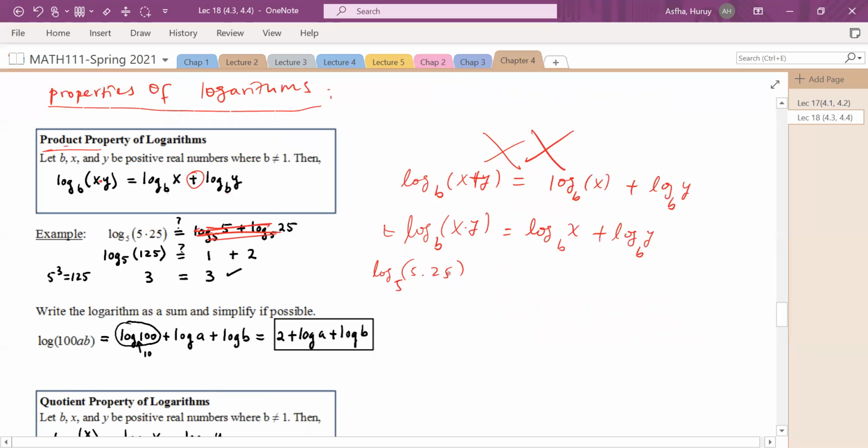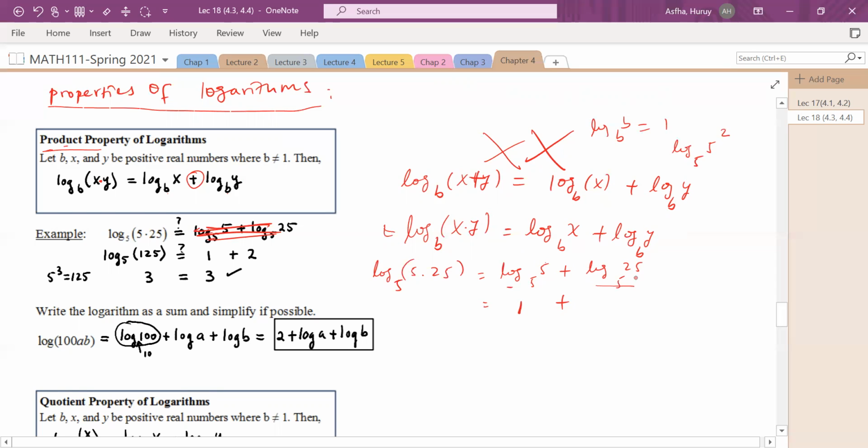We know this one, we can multiply it, and we can convert it to exponential form. But I will use this product property, and I will write this one as log 5 base 5 plus log 25 base 5. So log 5 base 5, this is b and b, and we learned this one because log b base b is always 1. So the first one is 1, and the second one is log 5 squared base 5.